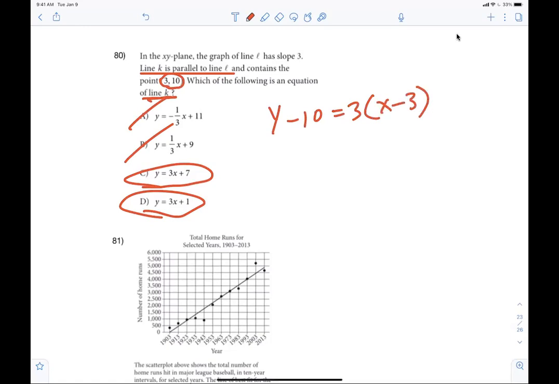Everybody good with that? And then we just distribute and add 10, right? So whoever said D, is that correct? Because that would be y minus 10 equals 3x minus 9, add 10, y equals 3x plus 1. All right, I'm happy with that.